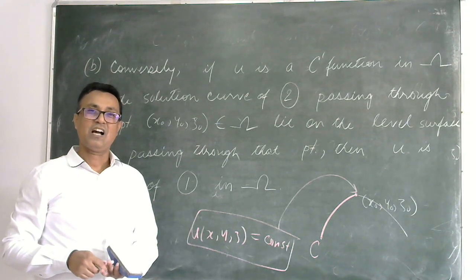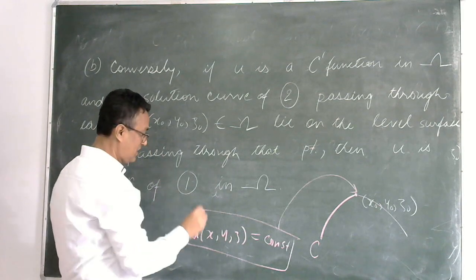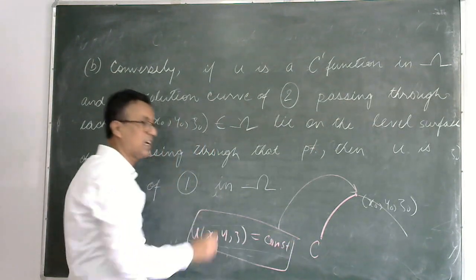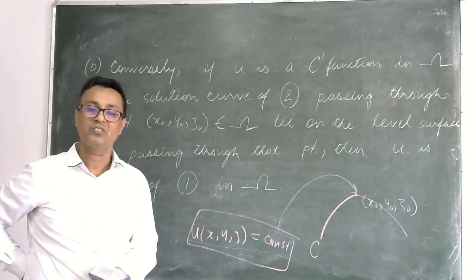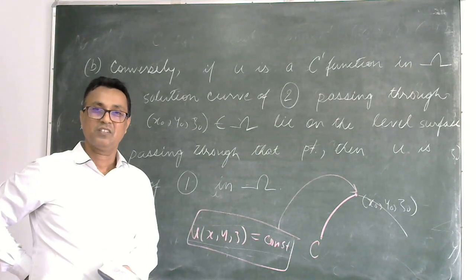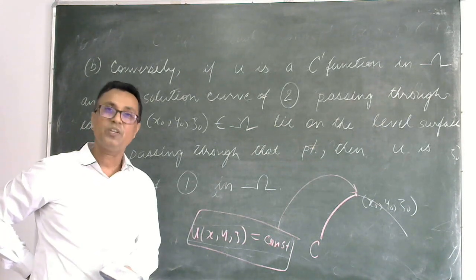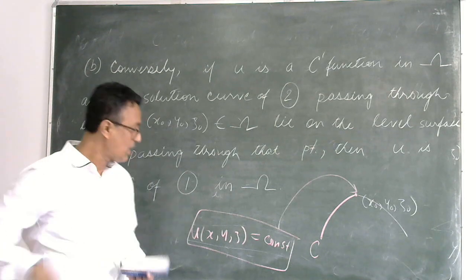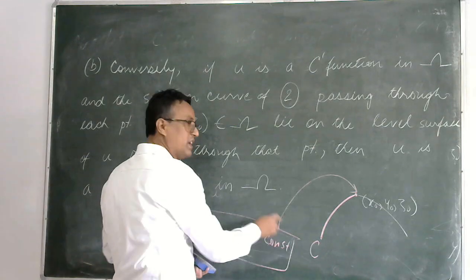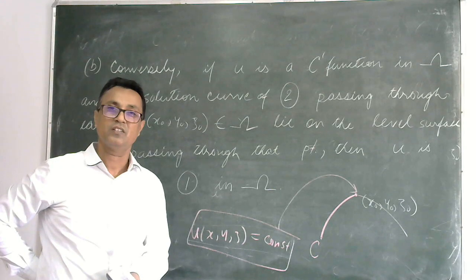One thing: you shouldn't think that we are going to have only a single surface passing through that point. We can have an infinite number of surfaces passing through that point, because for different values of the constant, we are going to get different surfaces, isn't it?